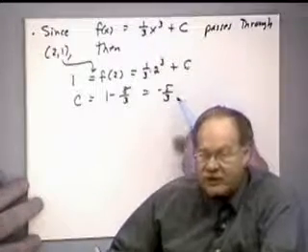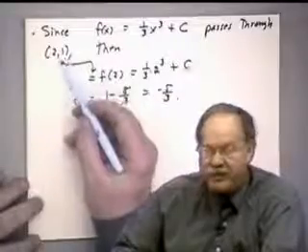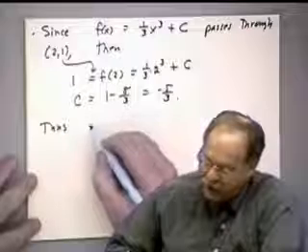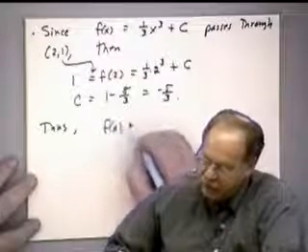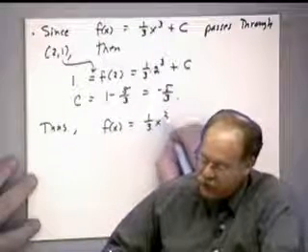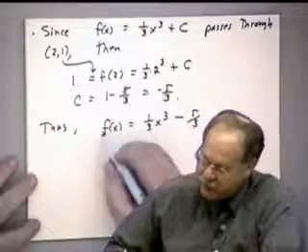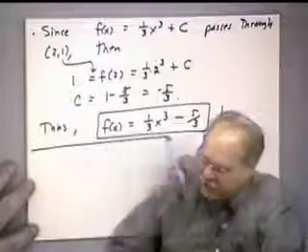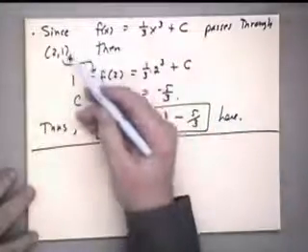For this specific case of this curve passing through this one point, I have that f of x equals 1/3 x cubed minus 5/3, because we wanted it to pass through this specific point.